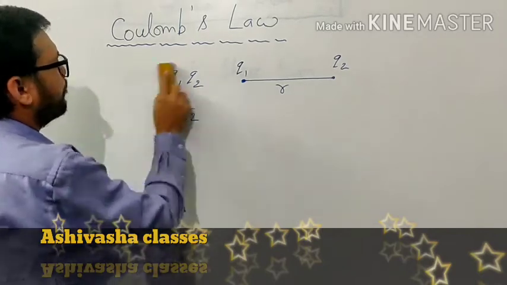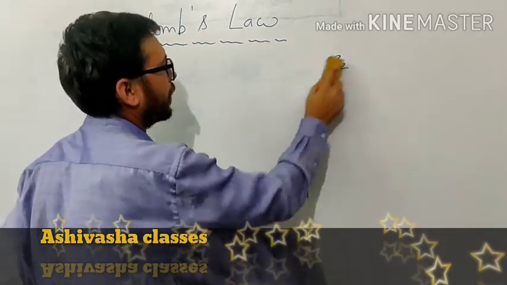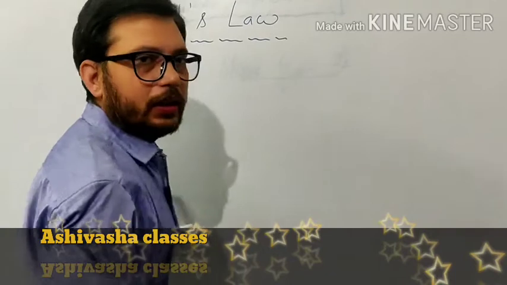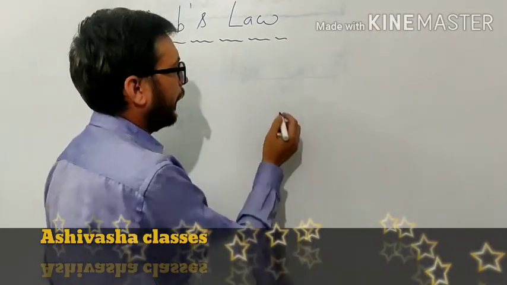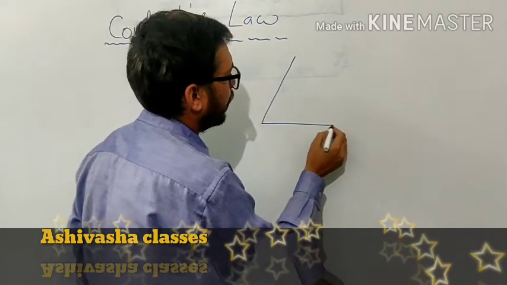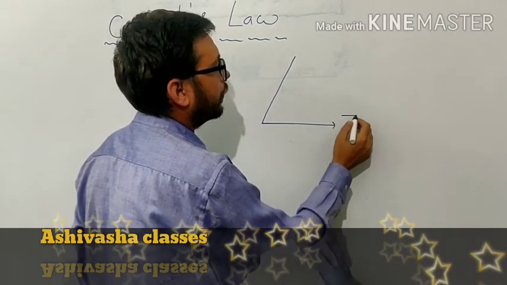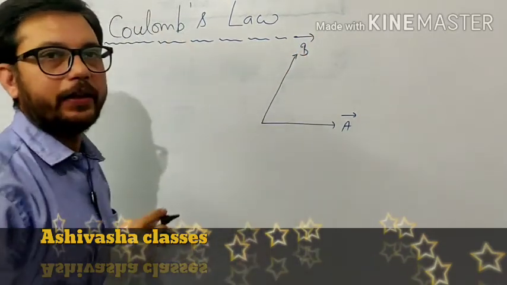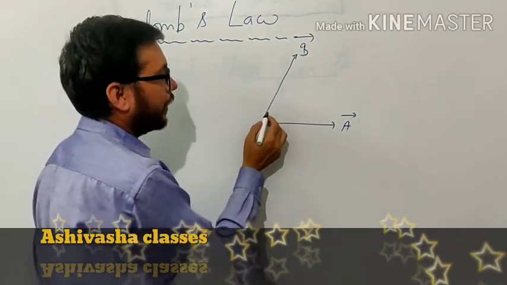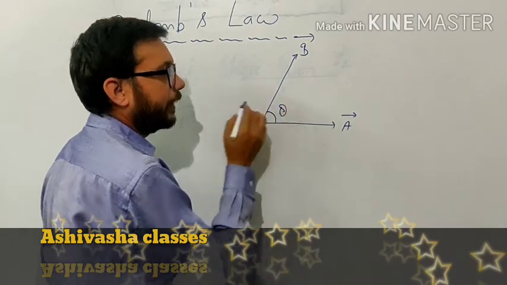So suppose we have two vectors, A vector and B vector, and the angle between them is theta.